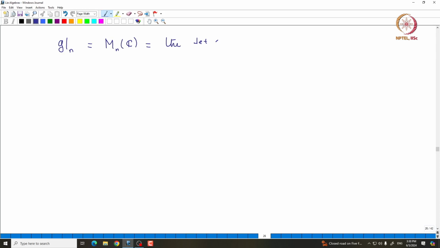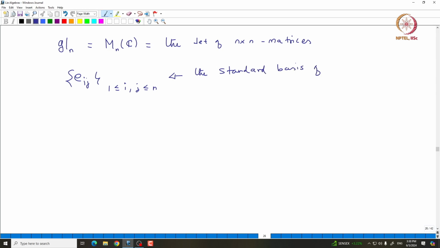In particular, we have the standard basis Eij where i, j are less than or equal to n. This is the standard basis of GLn. In particular, the dimension of GLn is n squared. Similarly, we have SLn, which is the traceless matrices inside GLn.